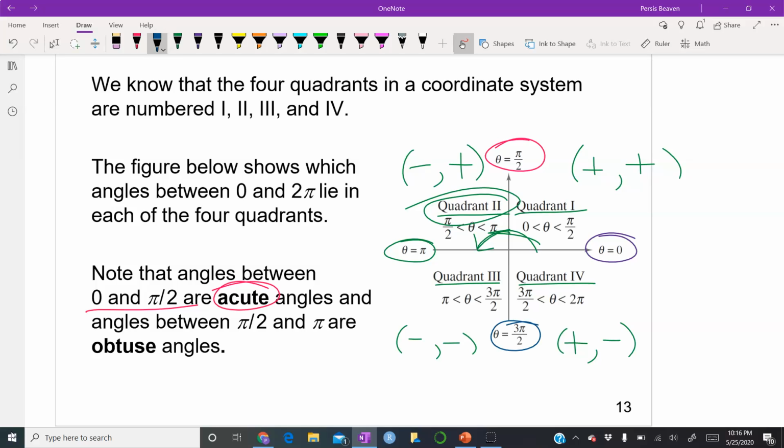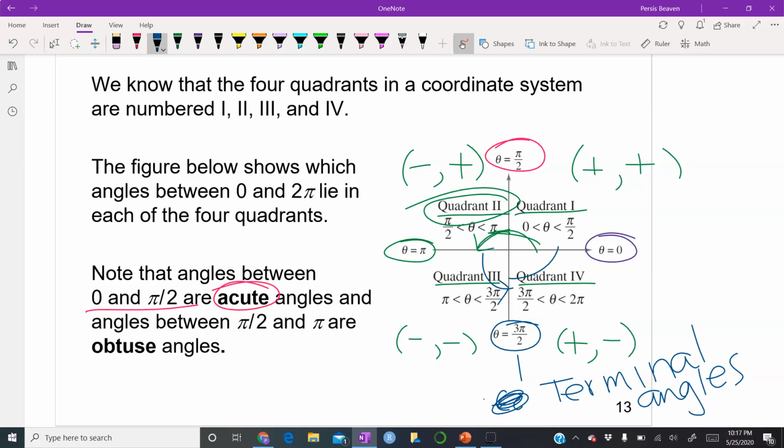Those four, 0, pi over 2, pi, and 3 pi over 2, they are considered to be terminal angles. Not coterminal, but terminal. Okay, so third quadrant takes the angles that are bigger than pi but smaller than 3 pi over 2.